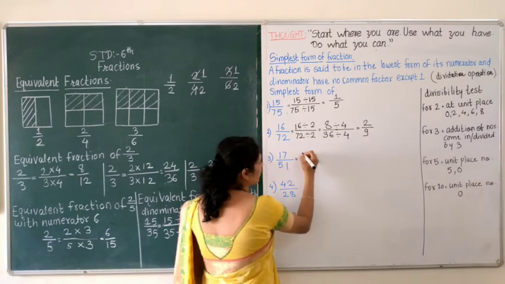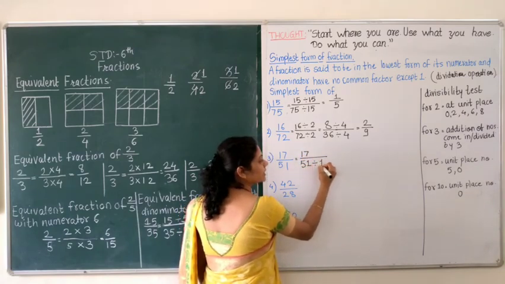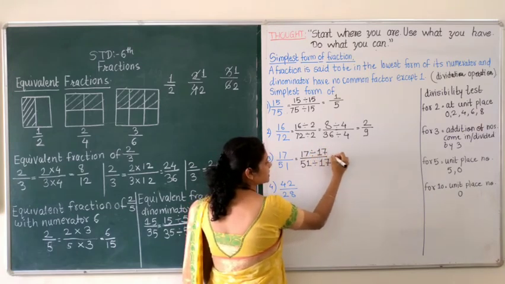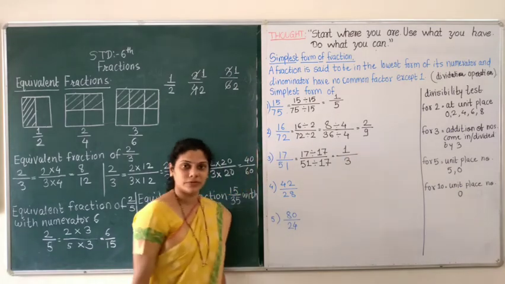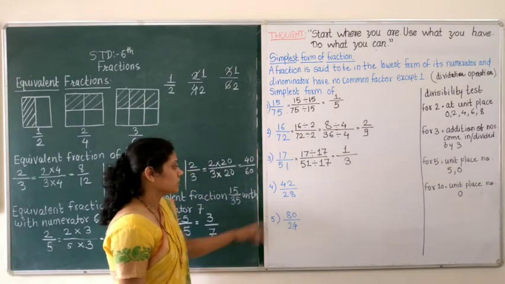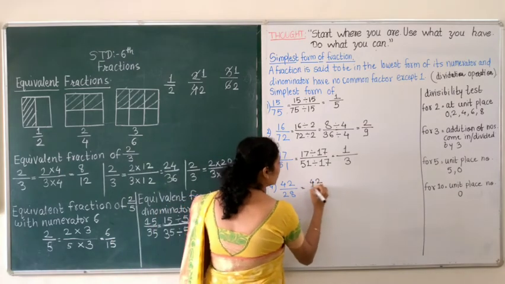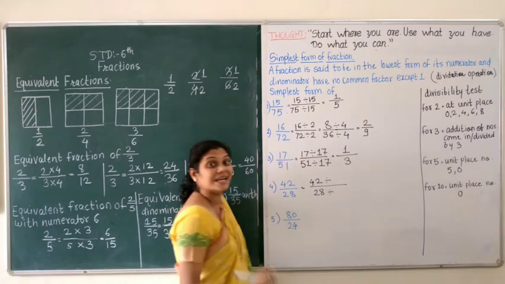Then 17 upon 51. I know that 51 comes in the table of 17. So I will directly divide it by 17. So 17 ones are 17, 17 threes are 51. Okay. So the next one, 42 upon 28. I know that both numbers come in the table of 7.